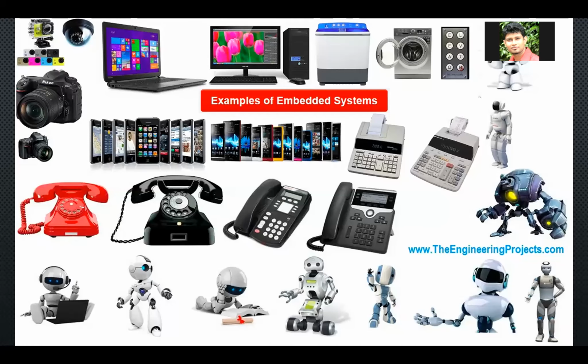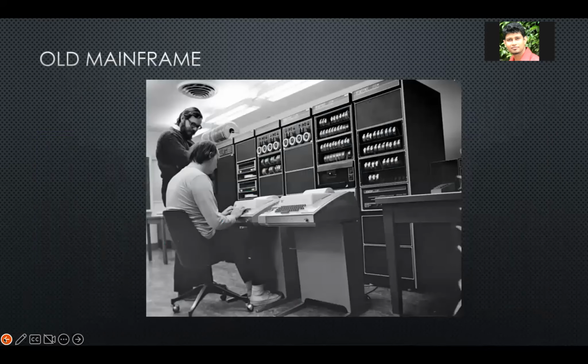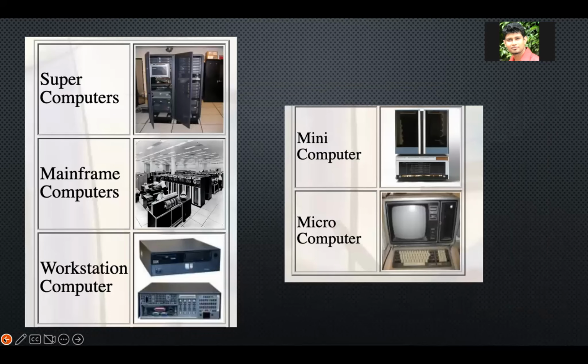All these are computers. All these have computers inside. These are called embedded computers. So now, can you think about the computing world? We learned about many computers, right? The bigger computers, smaller computers, mid-range computers.